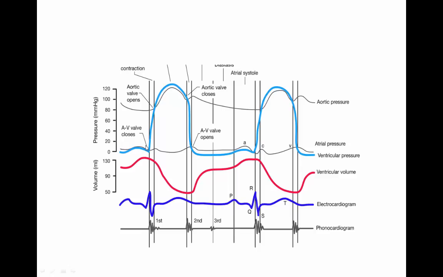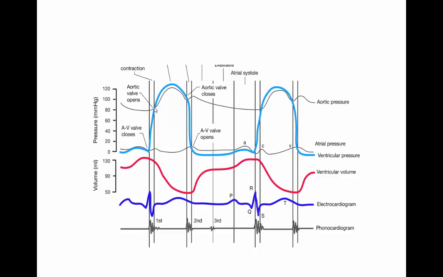This closure and the opening of the aortic valve along with the pulmonary will give you, at the level of the EKG, ventricular contraction, which is no more than the depolarization and muscle contraction.